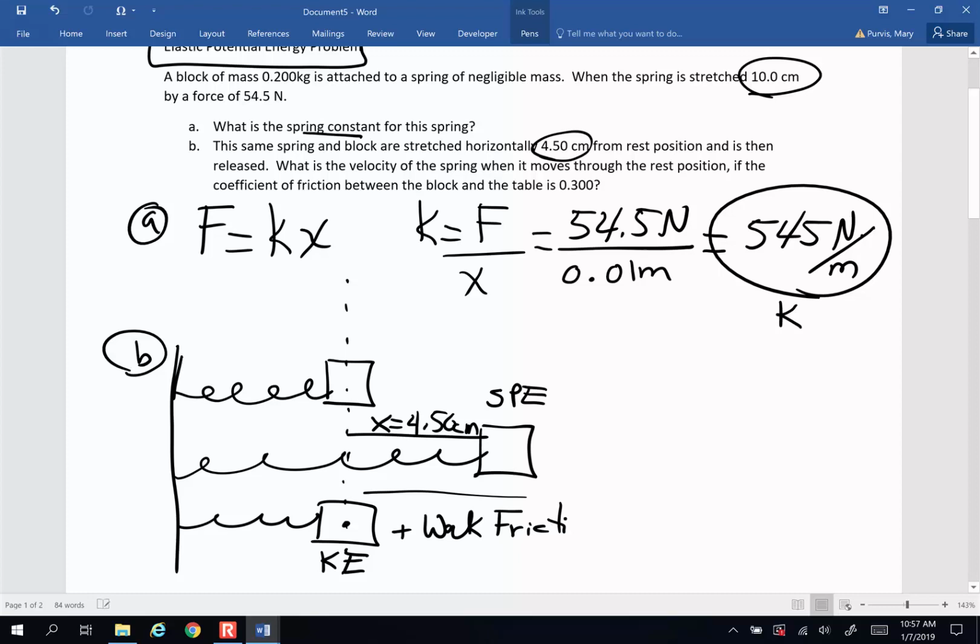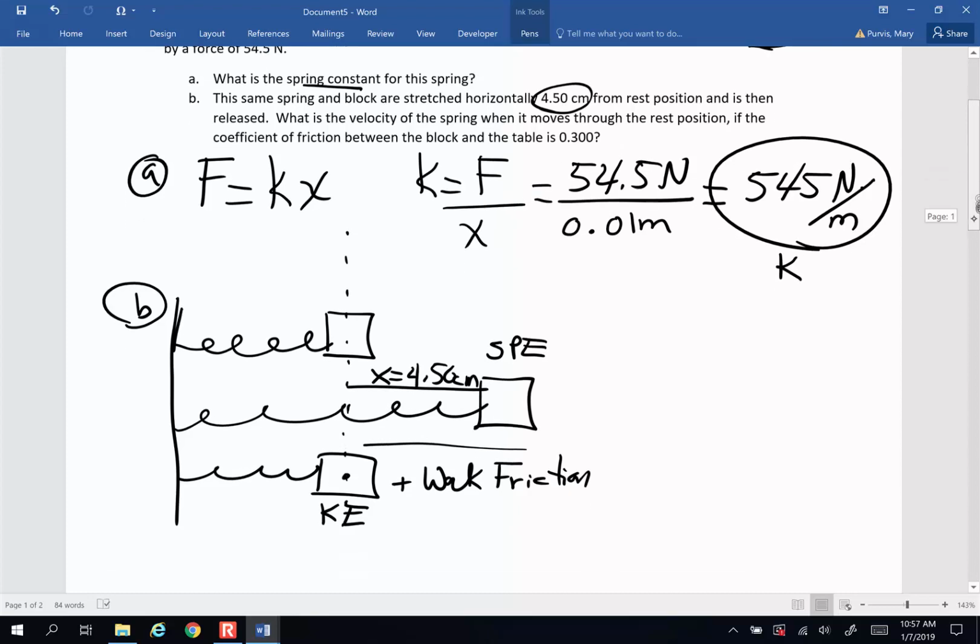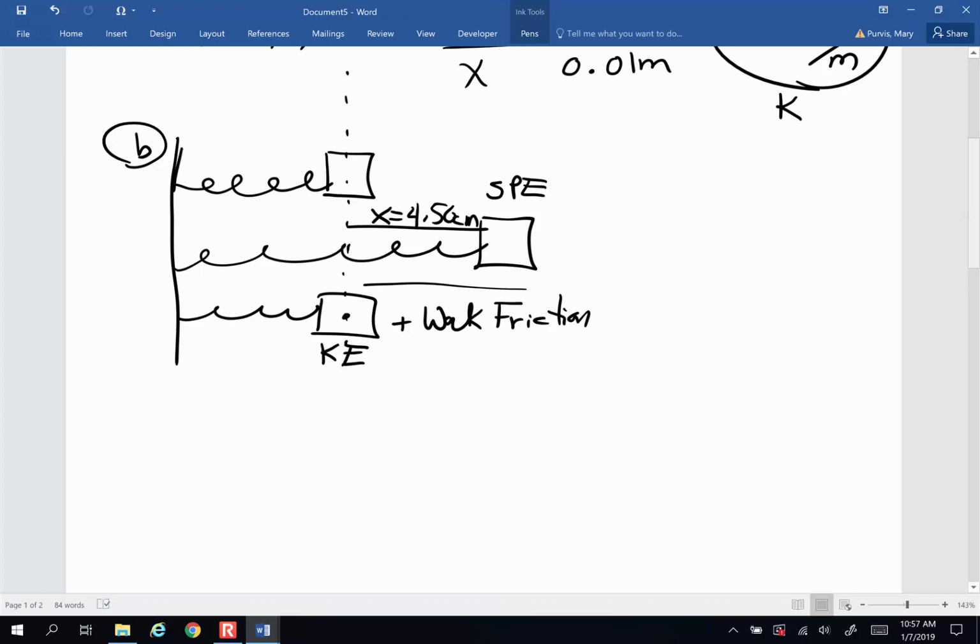And I am going to use conservation of energy to solve the velocity when it springs back. So here goes. The spring potential energy when it begins is going to be used to do two things. Some of it's going to be converted to kinetic energy when it springs back, and it's going to do some work against friction.